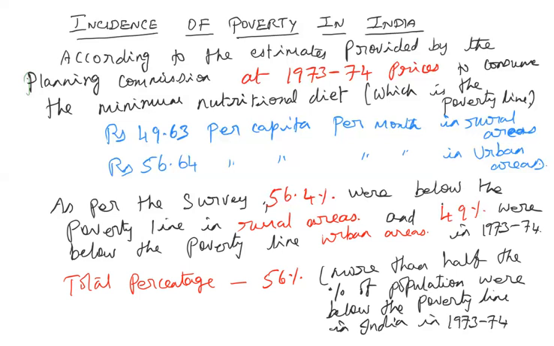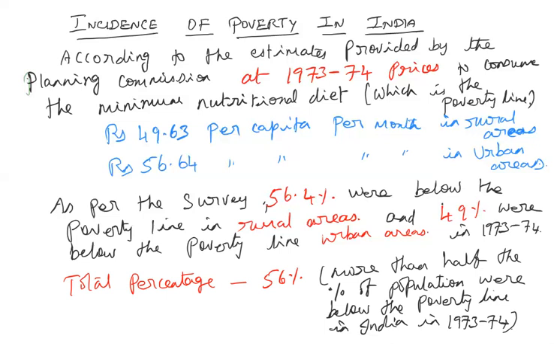Just remember, 1973-74 means almost 2 decades were over after the planning process was started. So in spite of attaining independence, and 20 years after starting the planning process, more than half the percentage of the population were below the poverty line.